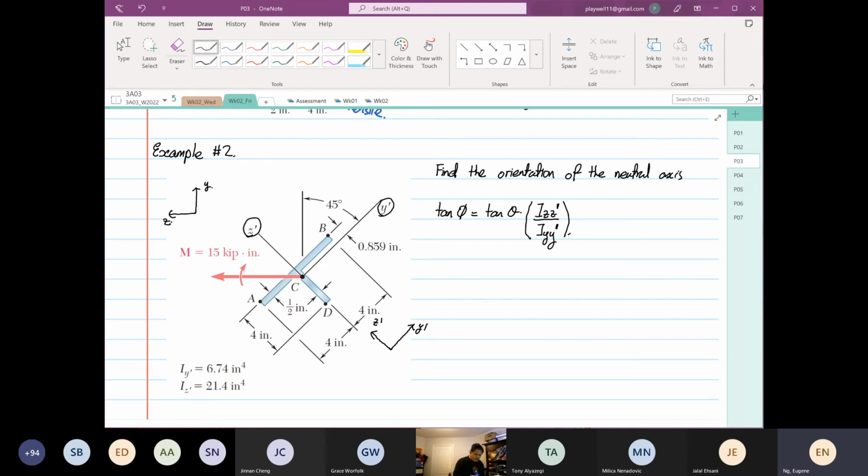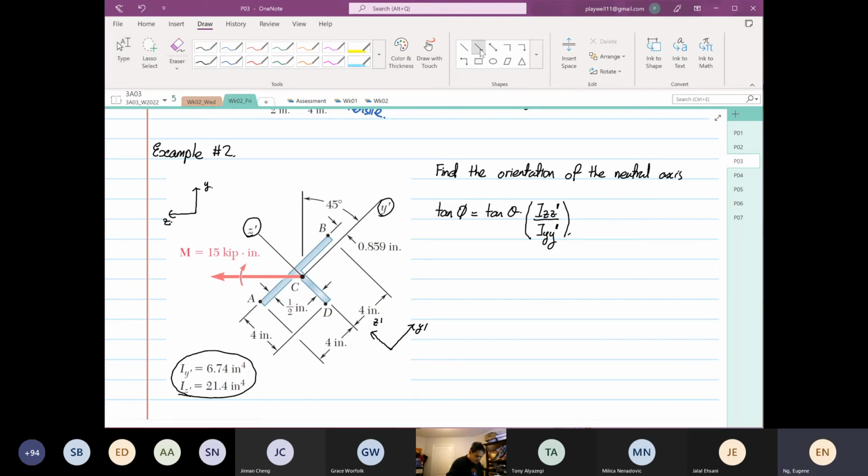So we are going to use the values of Iy prime and Iz prime over here. It's always easier to find the second moment of area about y prime and z prime rather than finding Iy and Iz. Am I right to say that? So when that's the case, we know that everything rotates from the z-axis.